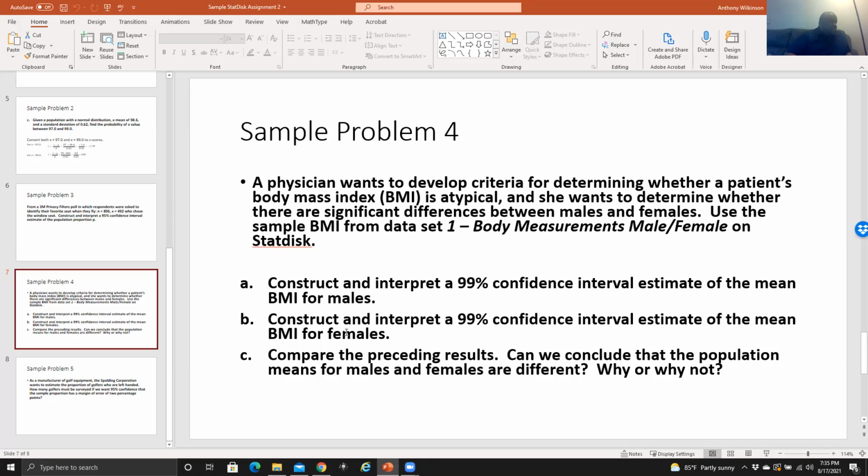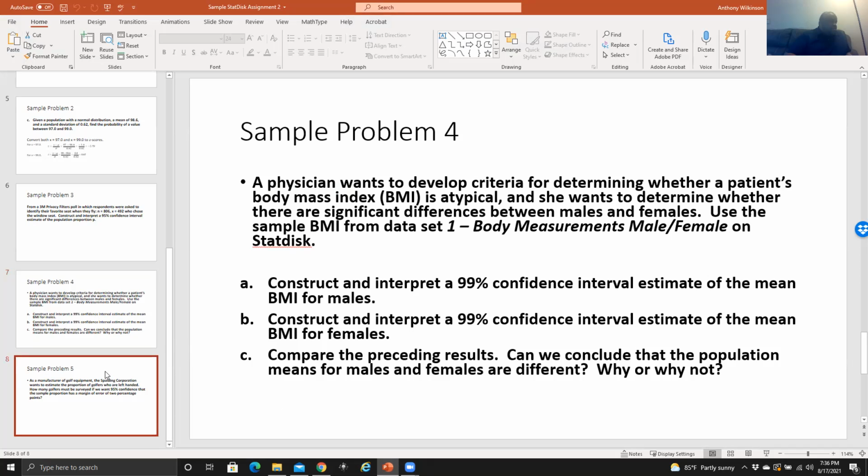For males, it starts at 24.31 and ends at 28.9. For females, it starts at 21.24 and ends at 27.6. So somewhere there is an overlap in those two. So we can say that the population means for males and females are not different.